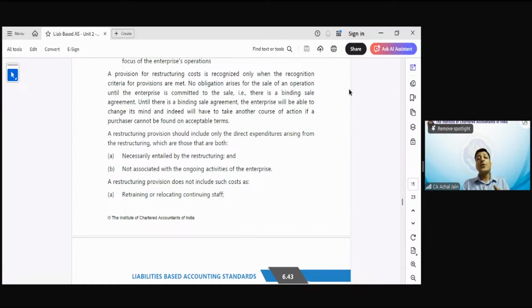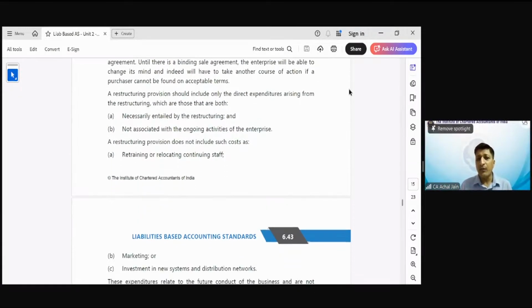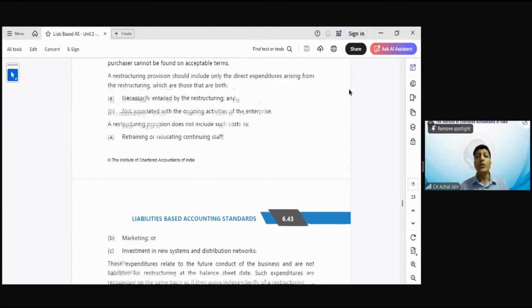Further, the company should also be actively involved in the sale of that business unit. Maybe the company may have identified a buyer with whom the sale agreement may have also been executed. The sale transaction is yet to take place. In such a case, some of the costs may be involved. If such costs are required to be incurred, what do you do with that? Recognize that immediately.